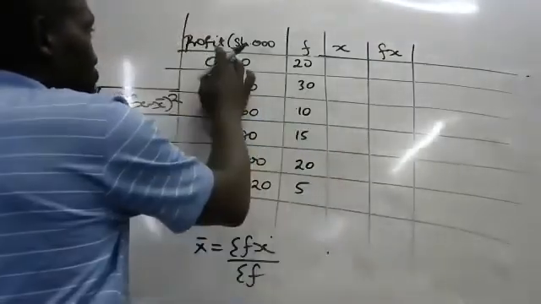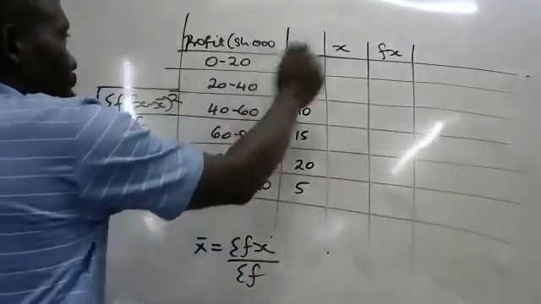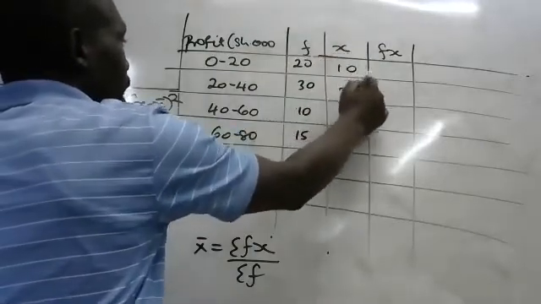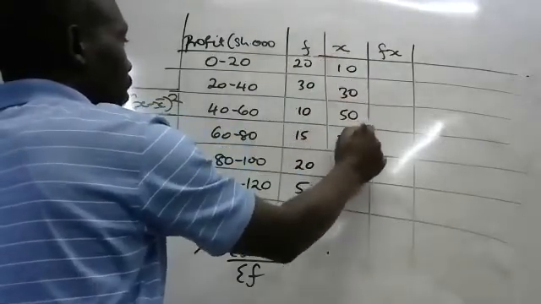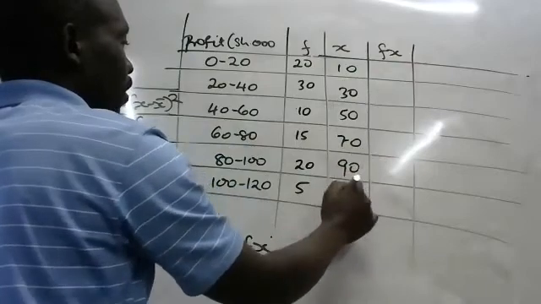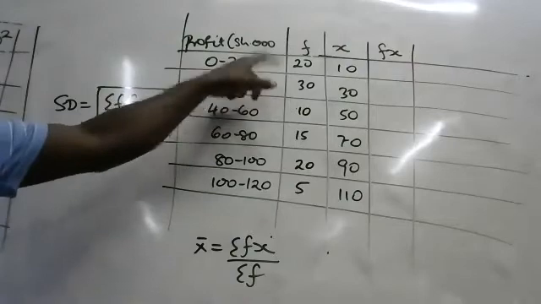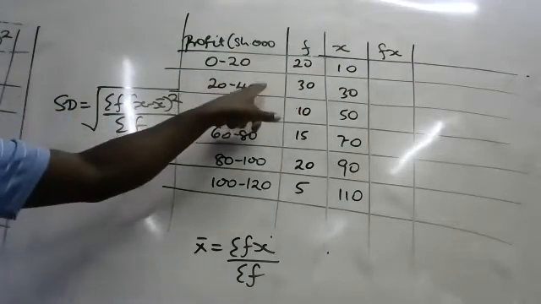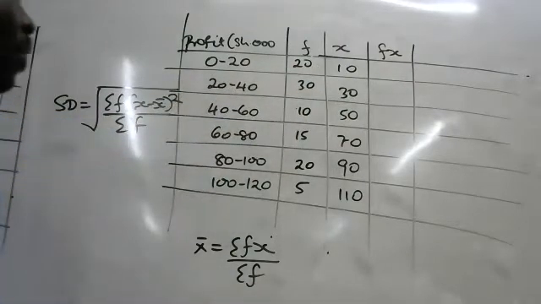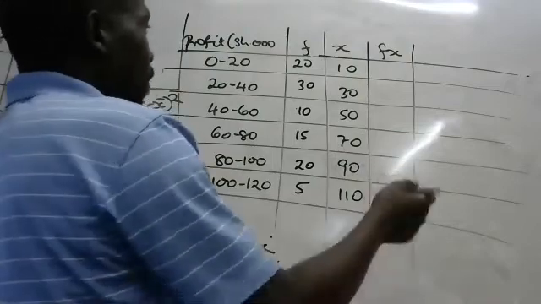So x is the midpoint of each class. The midpoints are going to be 10, 30, 50, 70, 90, and 110. If you add 0 plus 60, divided by 2, that is 30. After getting that, we can get our fx.